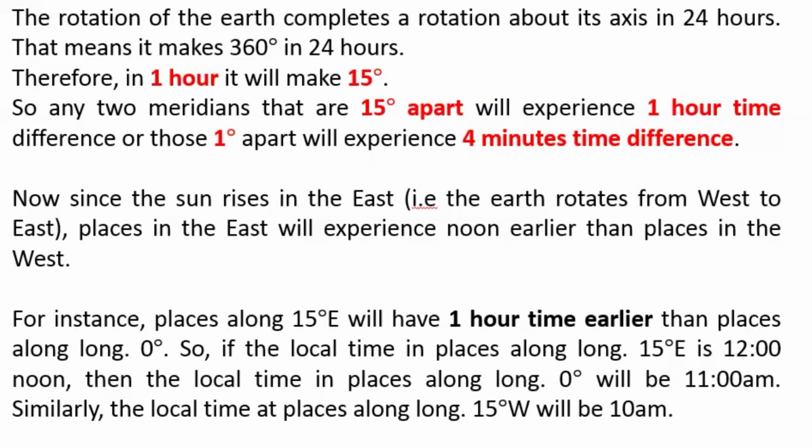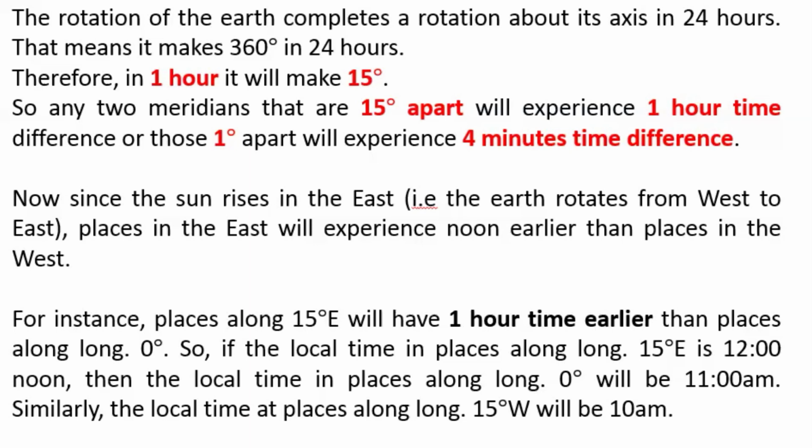So if the local time along longitude 15 degrees east is 12:00 noon, then the local time along longitude 0 degrees will be 11 a.m. Similarly, the local time at places along longitude 15 degrees west will be 10.